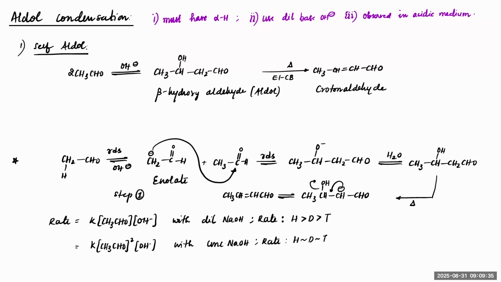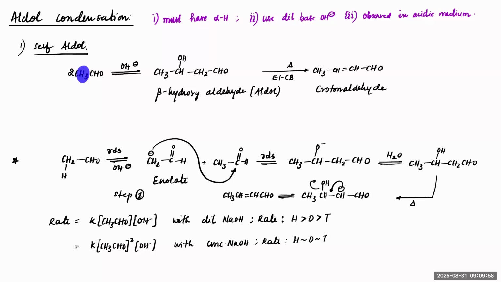Okay. Aldol, just like Cannizzaro, which has self as well as cross Cannizzaro, here also we will have self aldol and cross aldol as well. So notice, if I take 2 moles of an aldehyde here, just like in Cannizzaro, here also we are taking 2 moles of an aldehyde. But these are those aldehydes which have an alpha hydrogen.